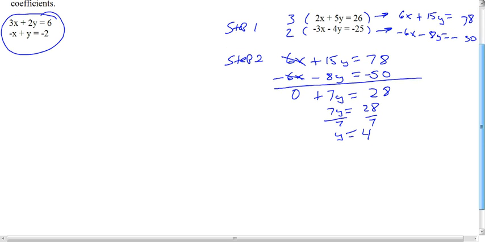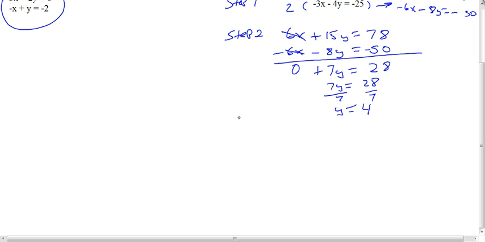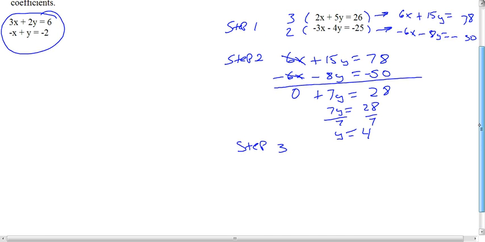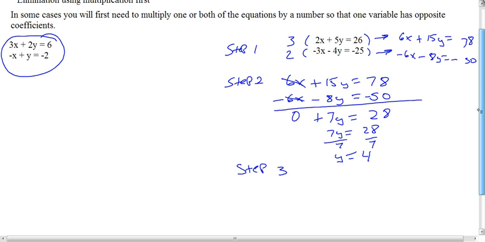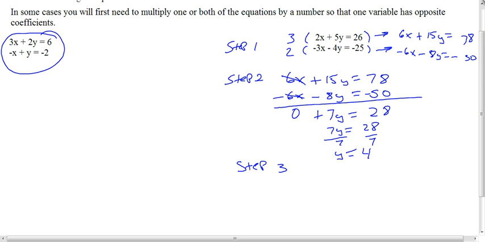Okay, moving right along to step 3. Step 3 tells us to plug in our values in one of the original equations. So let's look at it real plain, and I think I want to use the second equation. So here it's going to be negative 3x minus 4y is equal to negative 25.